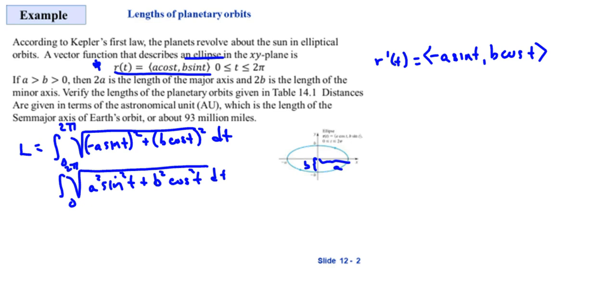Now, just to simplify this a little bit, I'm going to pull out a squared. So pulling it out of the square root, I'll have an a out in the front. And then that's going to force this to be b over a.